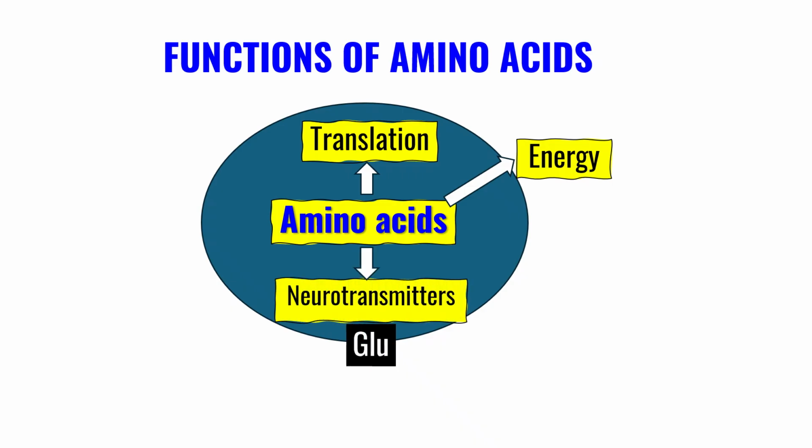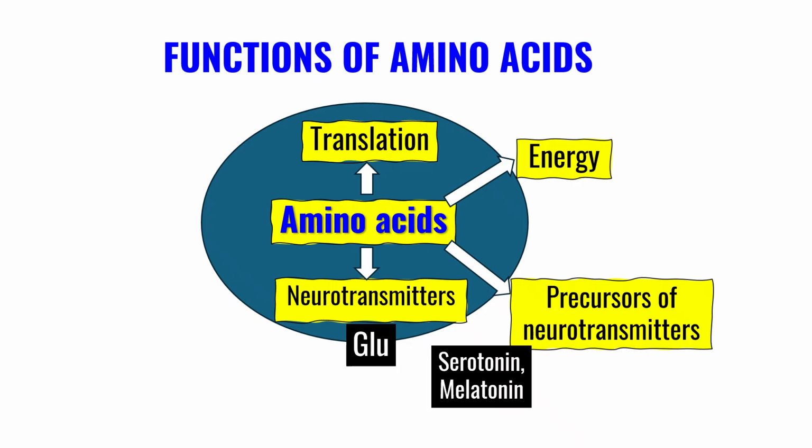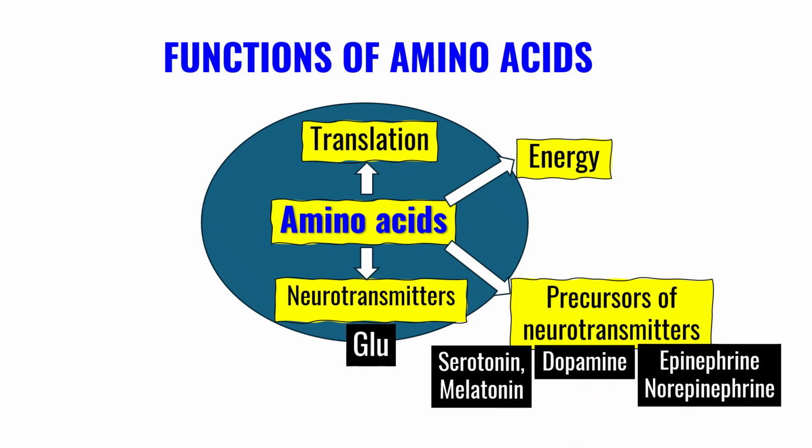Some of the amino acids, such as glutamate, act as neurotransmitters. It is an excitatory neurotransmitter, whereas some act as precursors of neurotransmitters such as serotonin, melatonin, dopamine, which is required for our mood and concentration, and also for the regulation of the sympathetic and parasympathetic nervous system by epinephrine and norepinephrine.